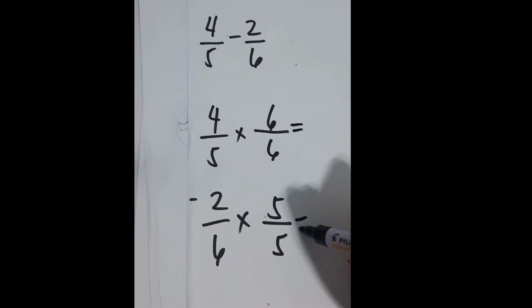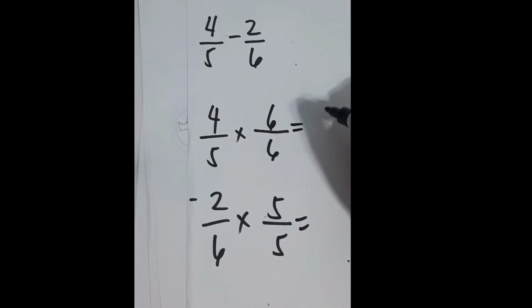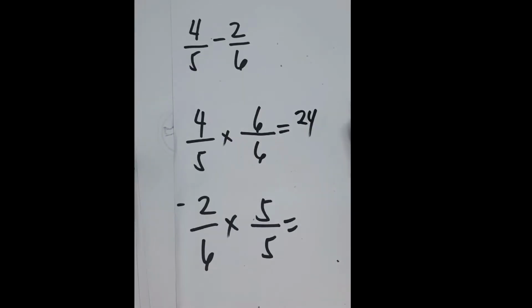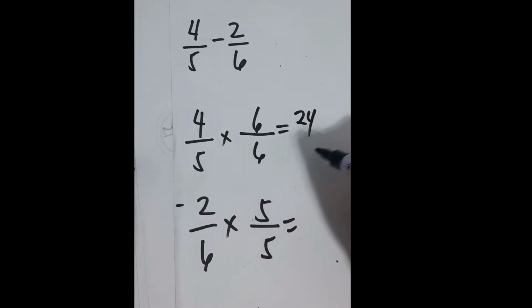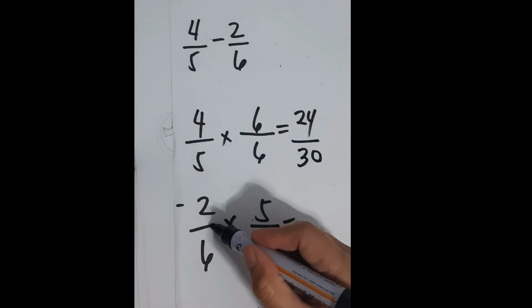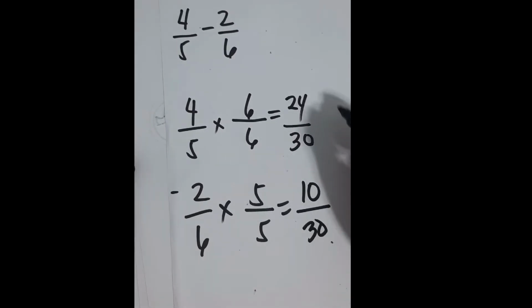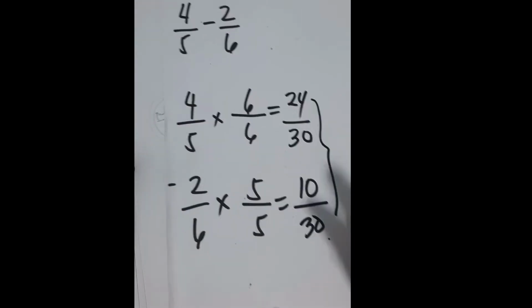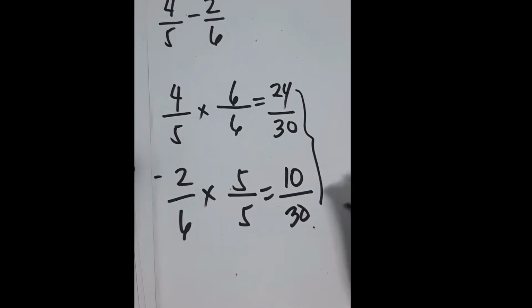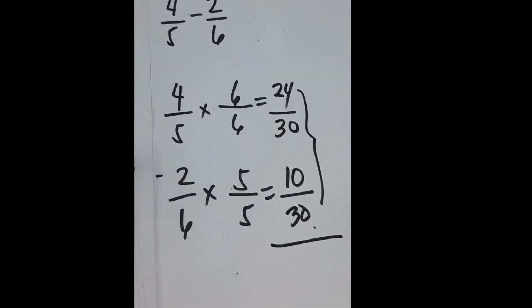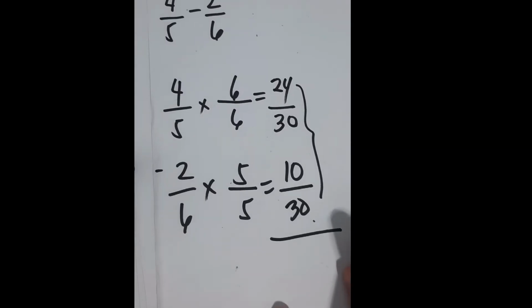And then, let's multiply 4 times 6, that is 24. And then 5 times 6, that is 30. 2 times 5, 10. 6 times 5, 30. Ayan, so we have now similar fractions. So proceed na tayo sa steps in subtracting similar fractions.